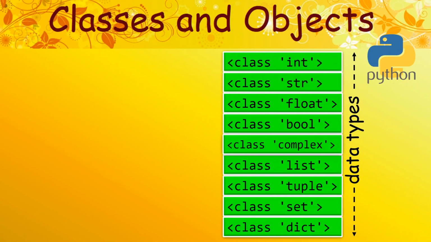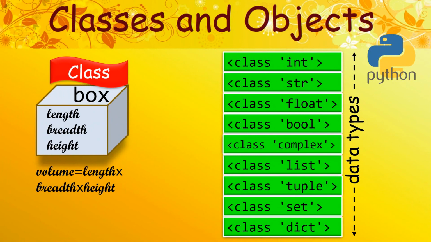But in our example, I have taken a class called box. Is there a class box in Python? No, it is not available. But Python allows us to create our own data types, which means you can create your own class.